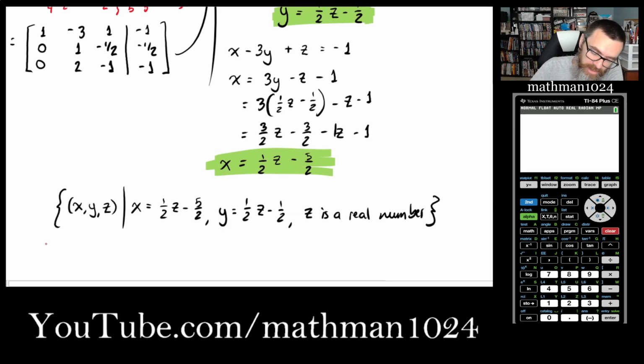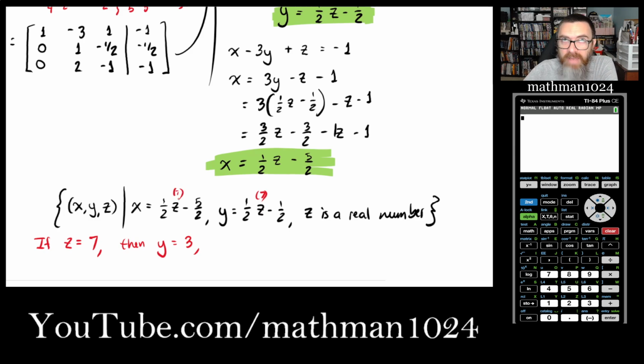So for example, if z were to equal, let's say 7, right? If I plug in 7, there's going to be 7/2 minus 1/2 is 6/2. That means y equals 3. If I plug in 7 here, 7/2 minus 5/2 is 2/2, so that means x would equal 1.